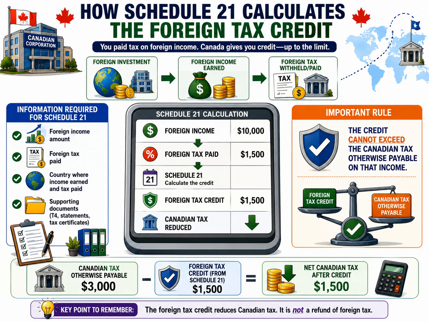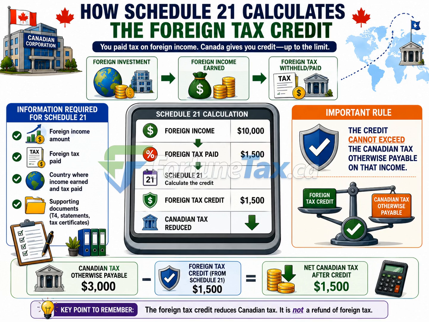The calculation at the bottom demonstrates the result. Suppose the Canadian federal tax that would otherwise be payable on the foreign income is $3,000. If the allowable foreign tax credit is $1,500, the Canadian federal tax is reduced to $1,500. Notice what the credit does. It reduces Canadian tax.